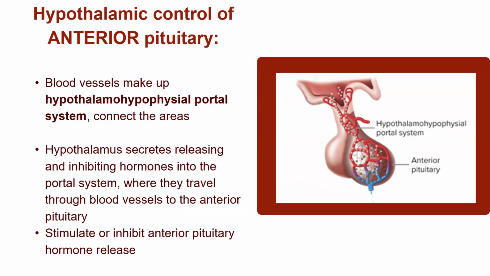So this is the way that the releasing and inhibiting hormones from the hypothalamus reach the anterior pituitary quickly. They're still traveling through the bloodstream there. Our hypothalamus has releasing hormones that tell the anterior pituitary which hormone to release, and vice versa, there are inhibiting hormones that stop the release of hormones within the anterior pituitary.